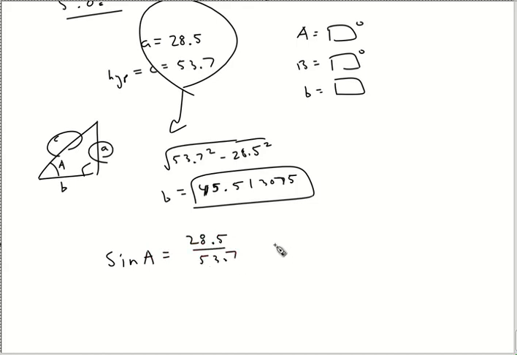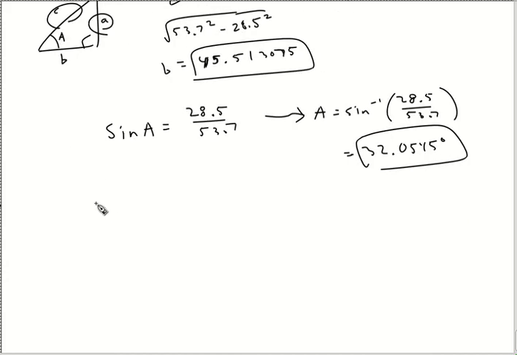How do you find the angle? You do arc sine. This is that sine inverse stuff that we had just learned. You're trying to find the angle given the ratio. Calculator again, and I got 32.0545.